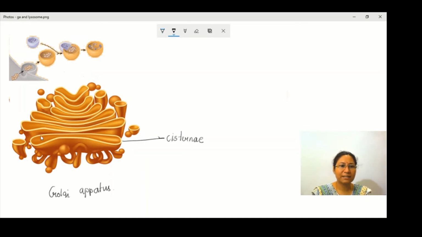Then there are certain tubular structures present in the periphery of the cisternae. These are the tubules. And then you can see some round, spherical structures budding out from these tubules or from the cisternae. These are called the vesicles.